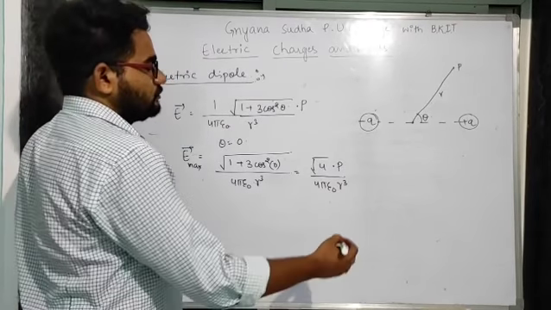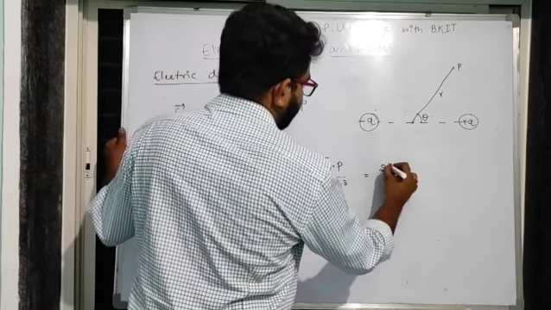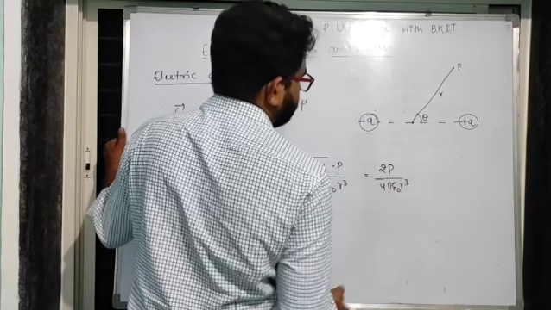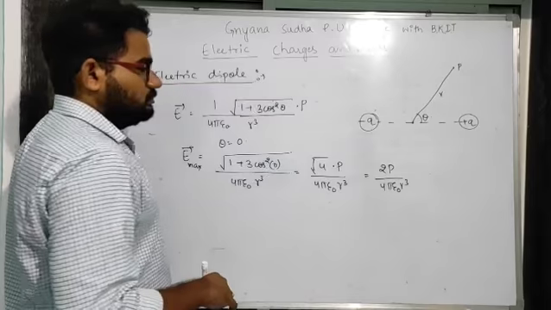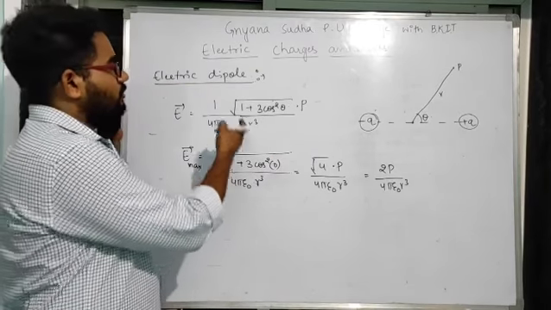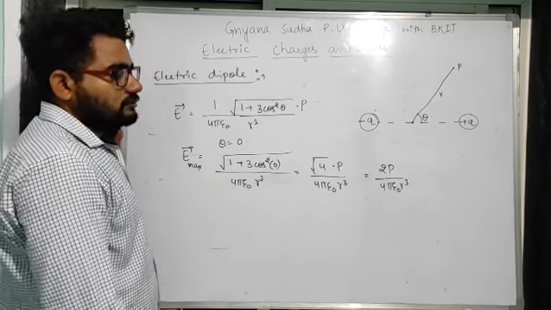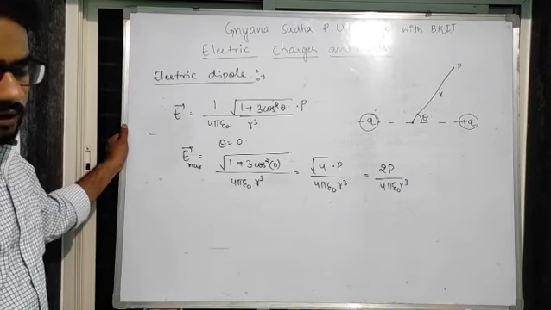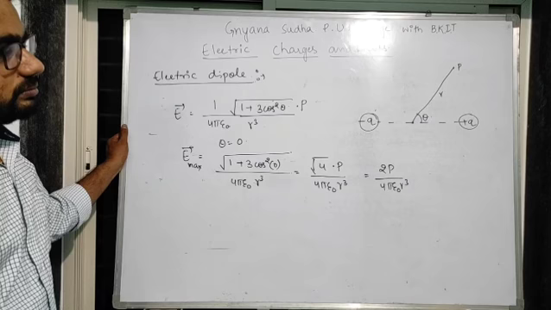That gives 2p by 4 pi epsilon naught r cube. This is the formula we got earlier.